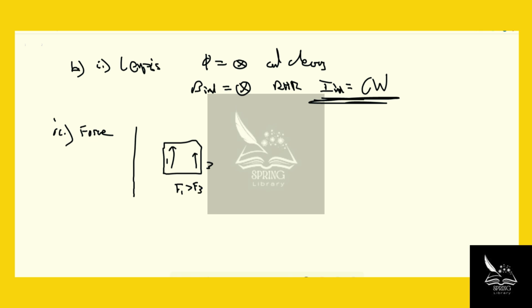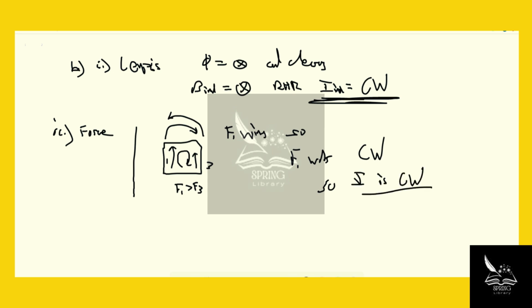If they're both opposing, 1's wanting to go this way, 3 is wanting to go this way, 1 is going to win. So if 1 wants to push the charges upwards and around, that means F1 wants clockwise. So the current is clockwise. But that's using the force argument instead of Lenz's law. Cool.